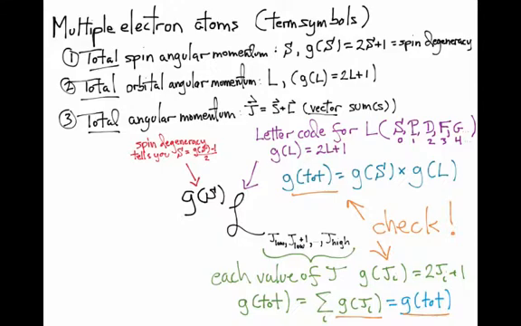You have to check when you write down a term symbol that the total number of states, from multiplying the spin degeneracy times the degeneracy associated with the orbital angular momentum, is the same thing as when you identify these spin-orbit states, these J values down at the bottom, and add up all of the degeneracies associated with those various J values. They need to match. Okay? And you should know how to do that.